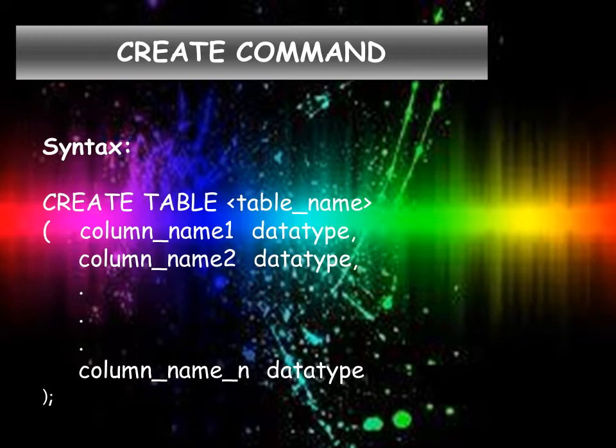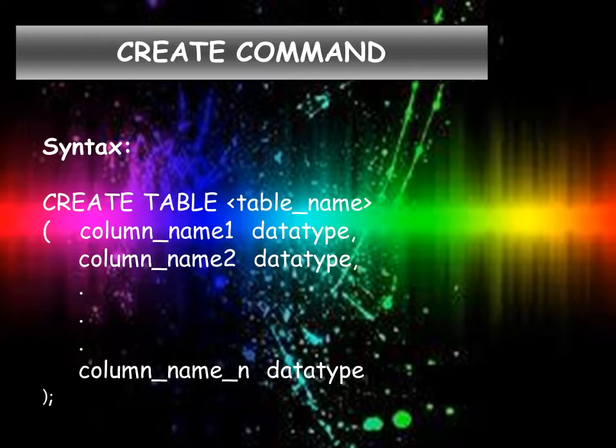Data type is the type of data you want to store in that column, whether number based data, text based data, binary data, an image, or whatever type of data you are going to store, that data type you will mention here.